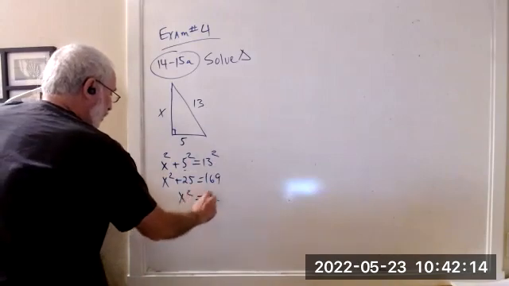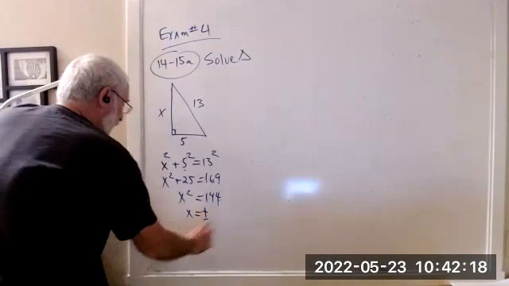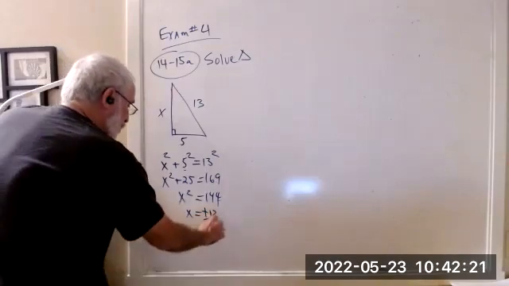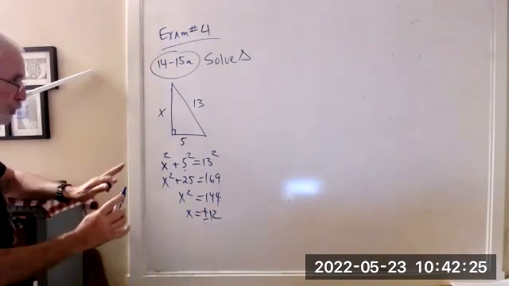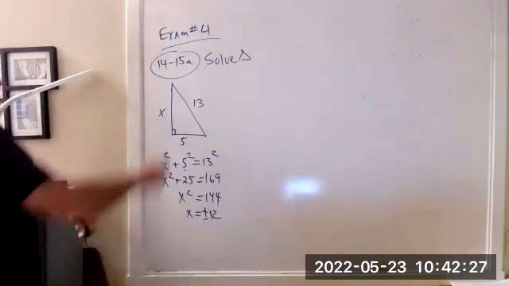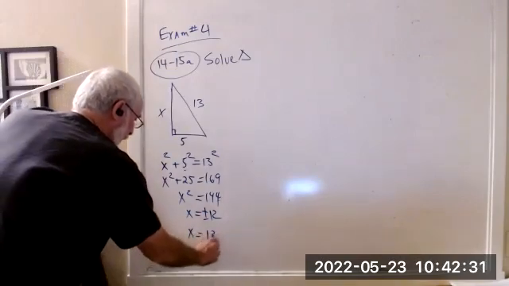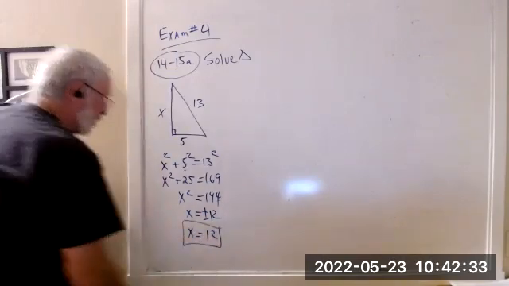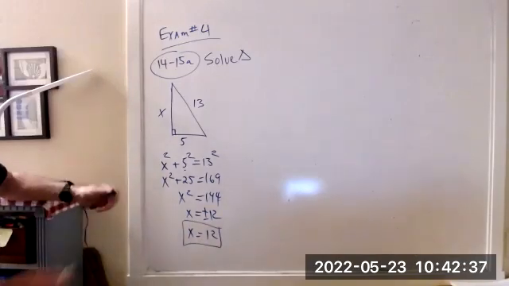X squared is 144. X is technically, in algebra, plus or minus 12, but because this is a geometry triangle, we say it's only 12, because a triangle can't have a negative side length. So that's the first thing.